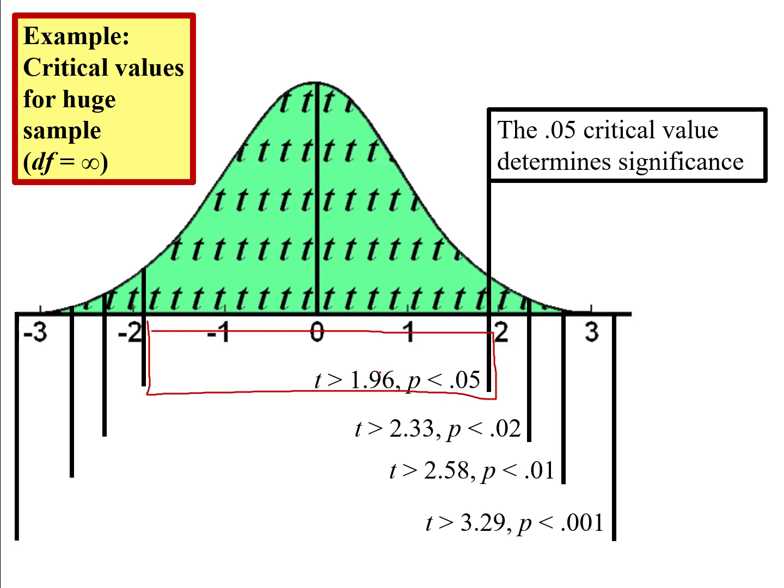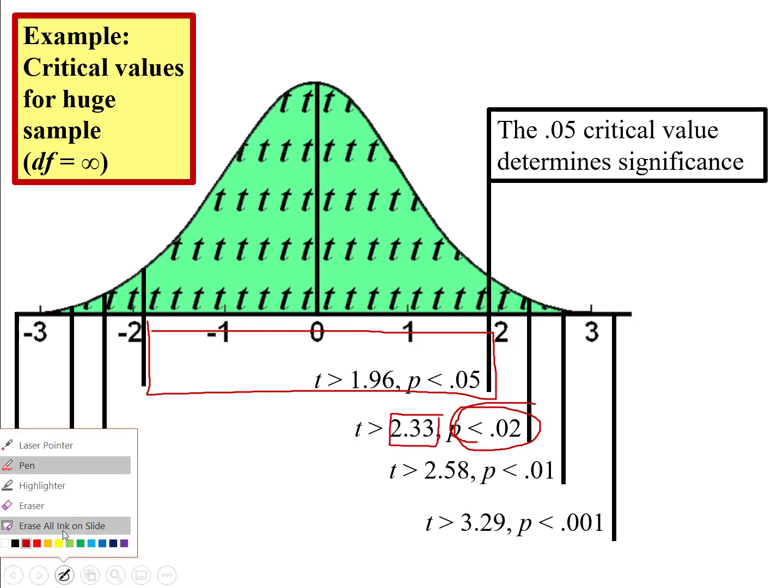Now, we can also determine critical values for other levels of probability. For example, if we have this huge sample and we go to a t-table, we could look up the critical value for a probability of p less than 0.02. If we look that up on a table, we would find a critical value of 2.33. That's what the table would give us if we had a huge sample size.